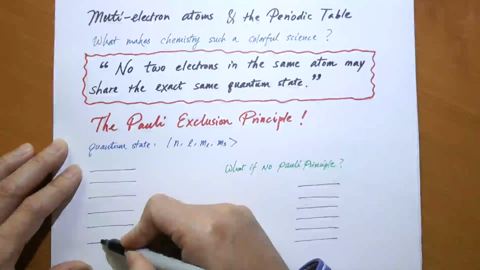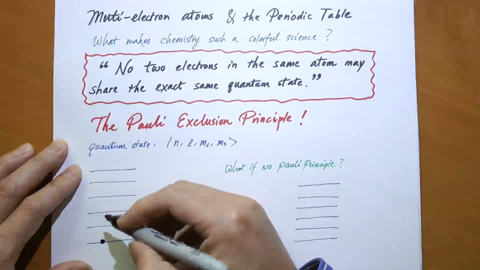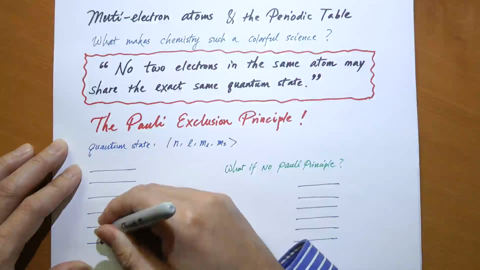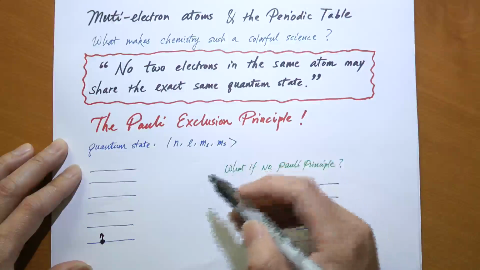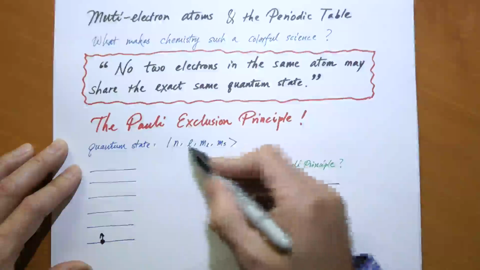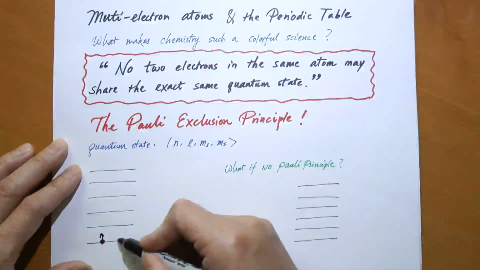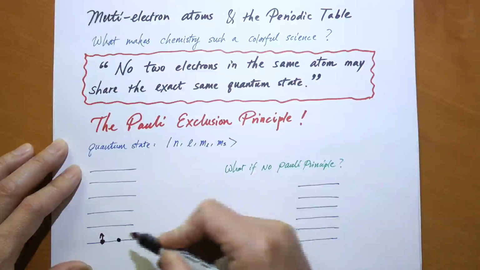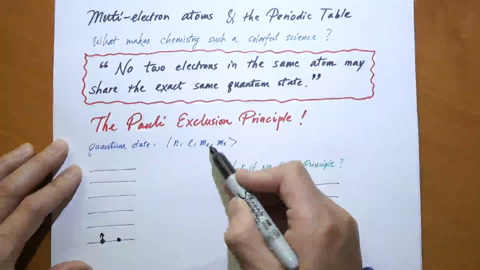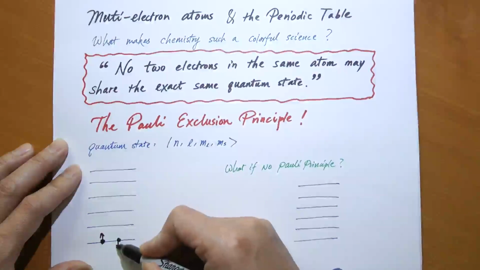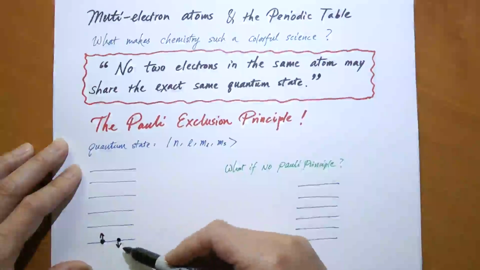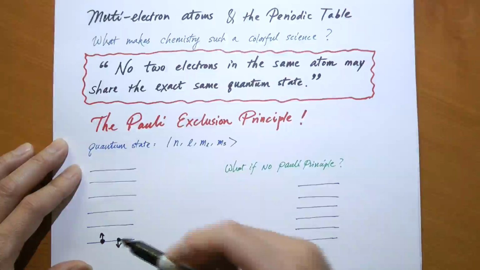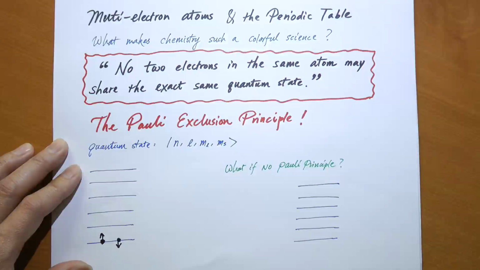That's typically what we label as 1s, and it may have a spin up. So ms is positive 1/2. If you have a second electron, then that electron wants to occupy the same orbital, but it cannot have the same exact quantum numbers. Therefore, being in the same orbital, n, l, and m are all the same, but it has to have a spin down. That is the only quantum number that is different between these two electrons. One spin up, the other spin down.